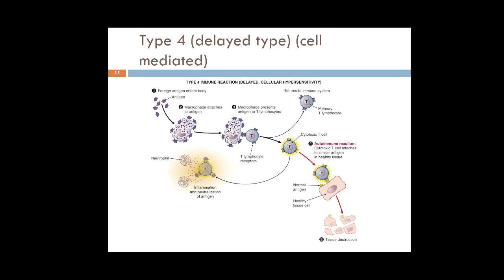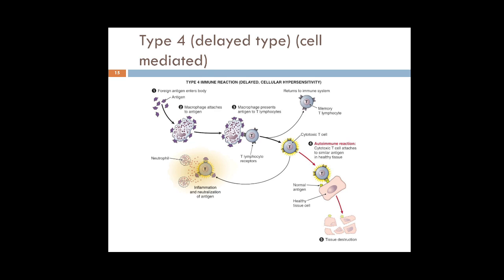So first, a foreign antigen enters the body, that is our drug, which acts like an antigen. Then macrophages go and attach to the antigen. This macrophage presents the antigen to T lymphocytes.